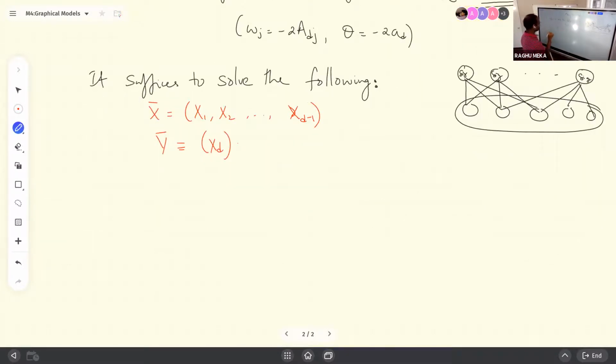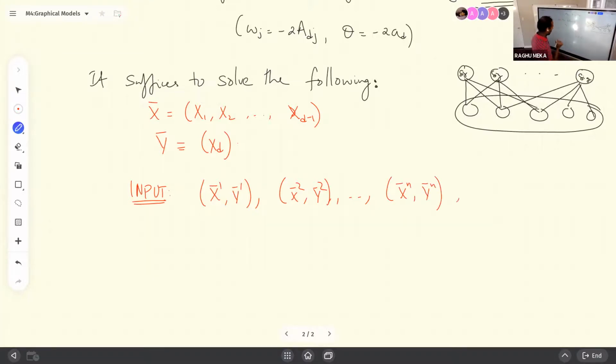So the input is n samples where these are all in minus 1, 1 to the d.